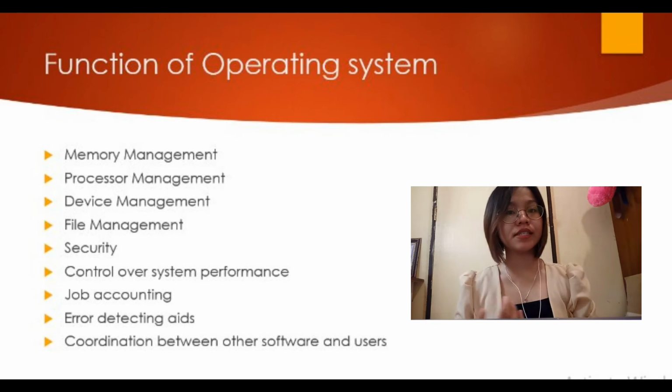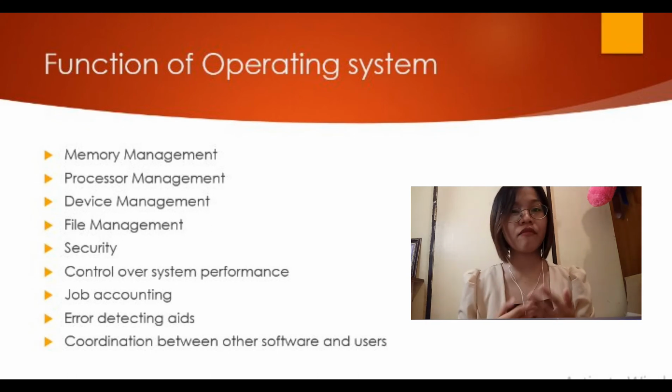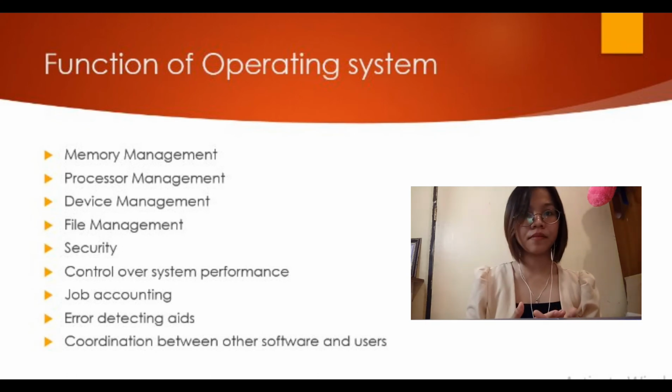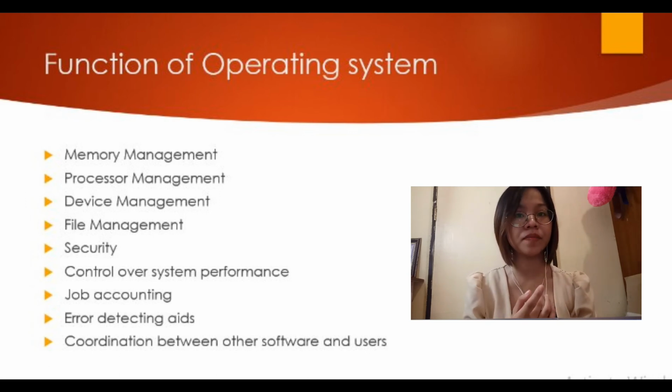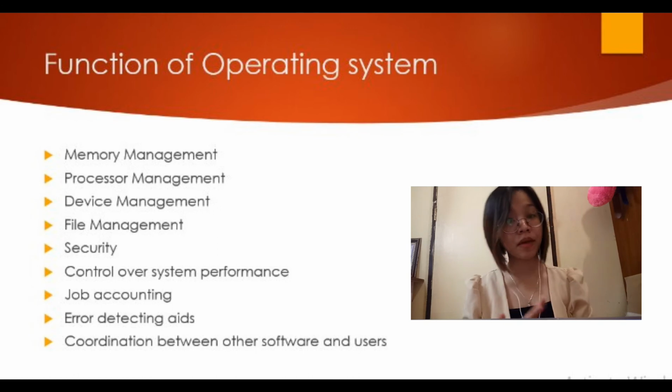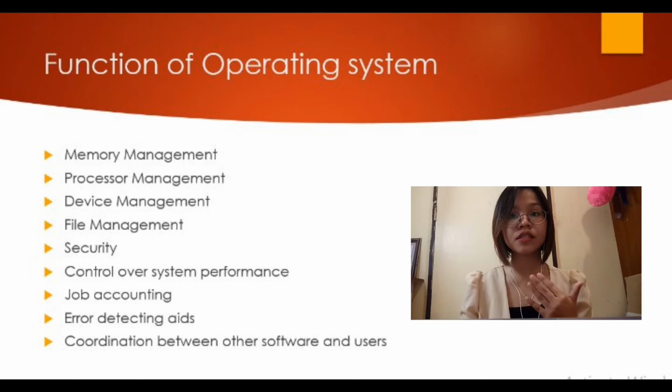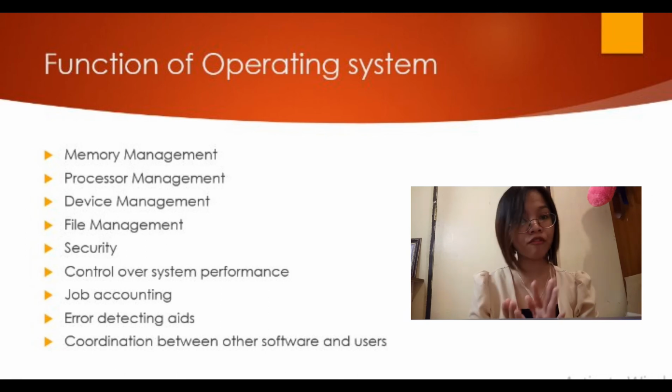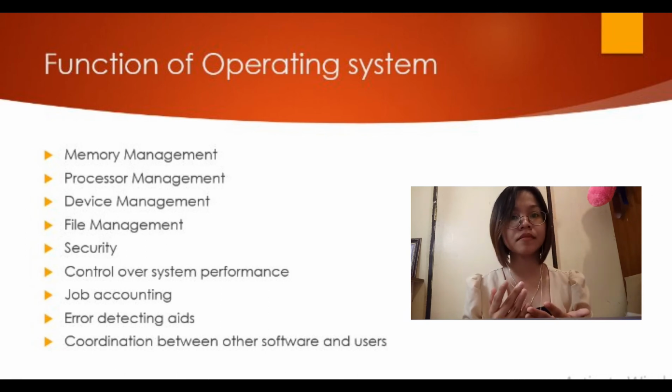Functions of operating system. There are a lot of functions of operating system. The first one is memory management, which refers to the management of primary memory or main memory. Next is processor management, which decides which process gets the processor, when, and for how much time.